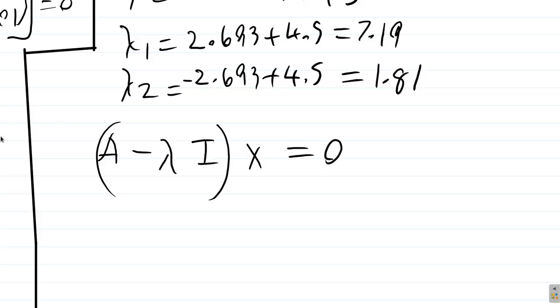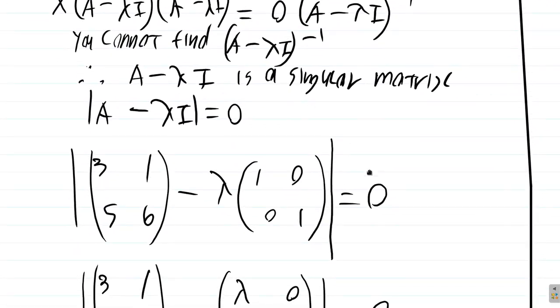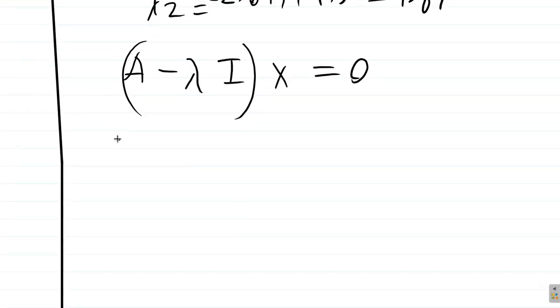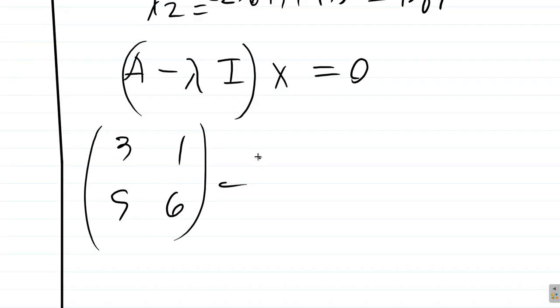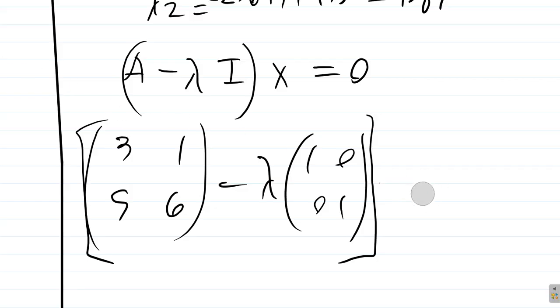Now, A was [3 1; 5 6]. So we have [3 1; 5 6] minus lambda [1 0; 0 1], times x, y, equals 0.